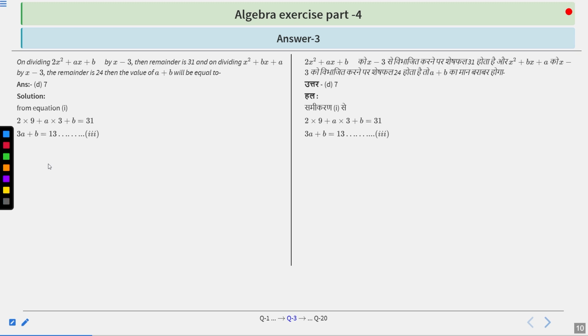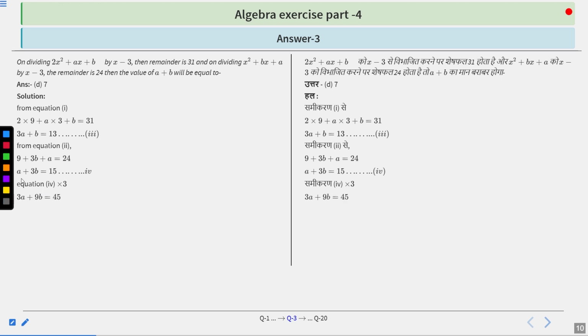Therefore, 3a plus b is equal to 13. That is equation 3. Now from equation 2, 9 plus 3b plus a is equal to 24. Therefore, a plus 3b is equal to 24 minus 9, that is 15. That is our equation 4. So equation 4 into 3, it means multiplying equation 4 by 3, we get 3a plus 9b is equal to 15 into 3, that is 45.